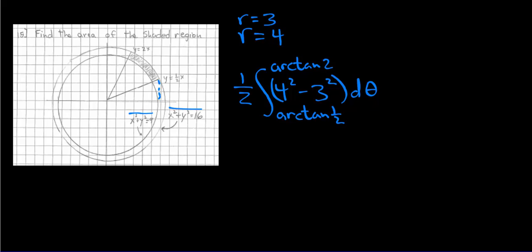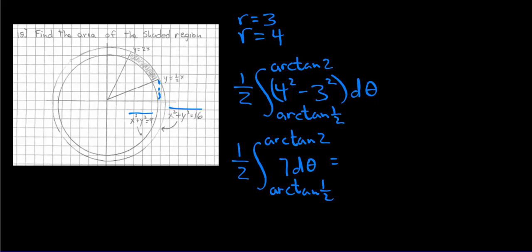Remember how we went through and found what the bounds of integration are. Now, all I need to do is integrate here. This is going to be from arctan 1/2 to arctan 2. So this is 16 minus 9, which would be 7.